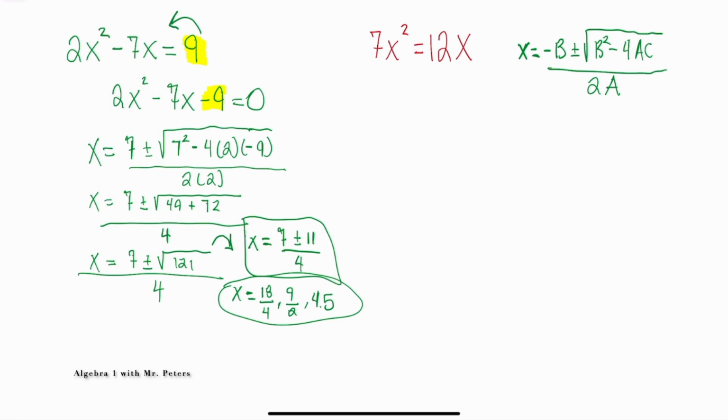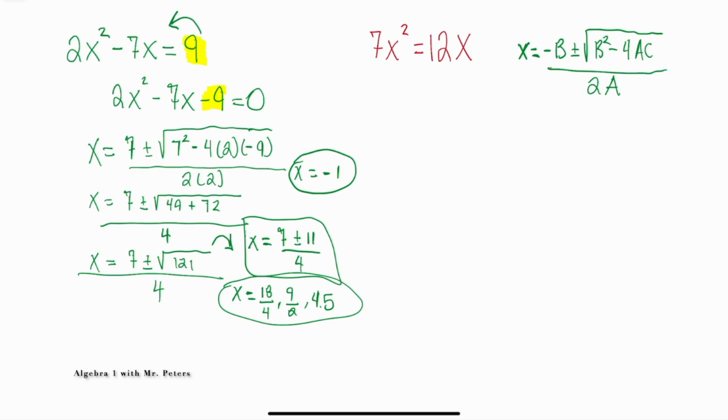Then when we go back again and repeat this process, we have x is equal to 7 minus 11, which is negative 4. And then when we divide by 4, we know x is equal to negative 1. So our answers for that equation are going to be negative 1 or 4.5. If you leave it as a fraction, use 9 over 2.